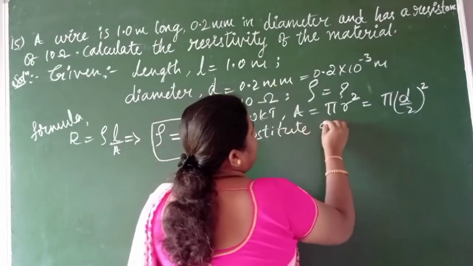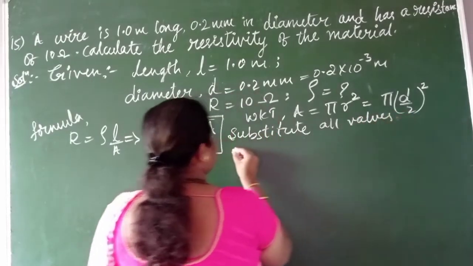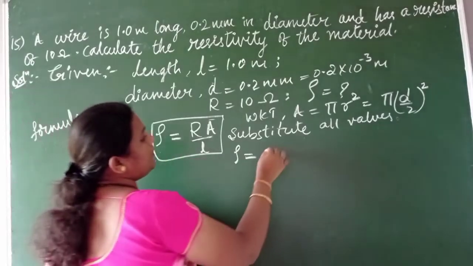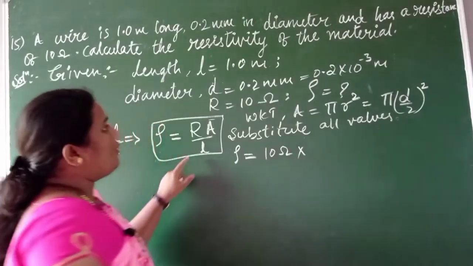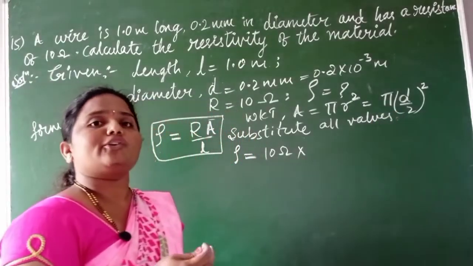Now substitute all those values. Isn't it, children? What will we get? Rho. Then what is the R value? 10 ohms into, what is the A value? Pi is nothing but, children, 22 by 7.